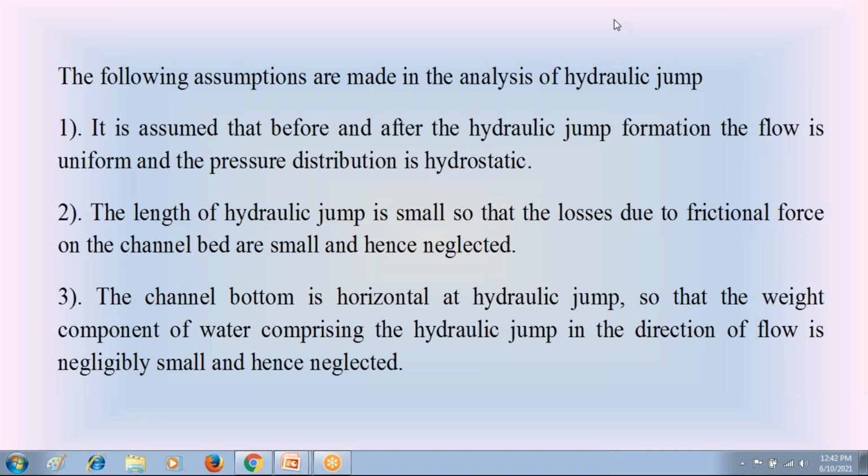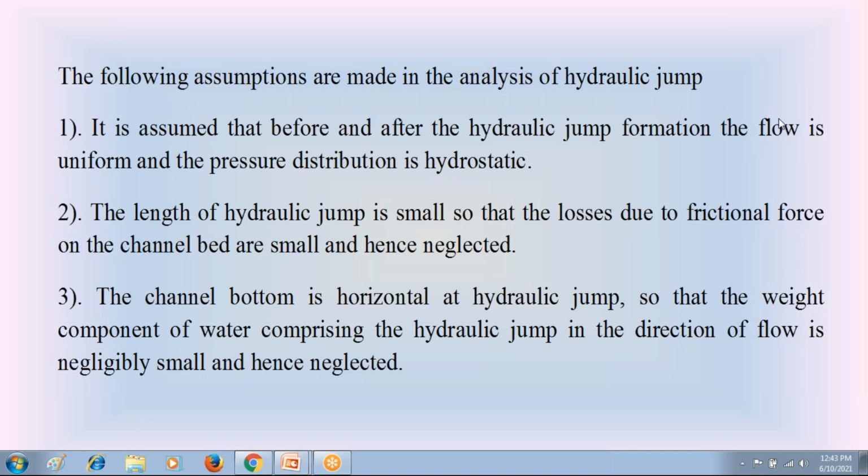Before going to discuss the analysis of hydraulic jump, first of all, you should know what assumptions are made. We are making some assumptions in the study of the hydraulic jump in open channels. So first of all, everyone please follow the assumptions. First assumption: we assume before the hydraulic jump and after the hydraulic jump.